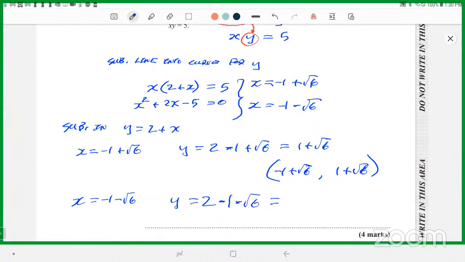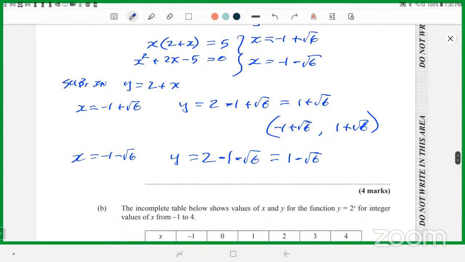And that becomes 2 minus 1 again is 1 minus root 6. So it means that when the x value is this, this is the y value. And so that gives me a second point, which I'm going to just write right here. It becomes minus 1 minus root 6, 1 minus root 6.